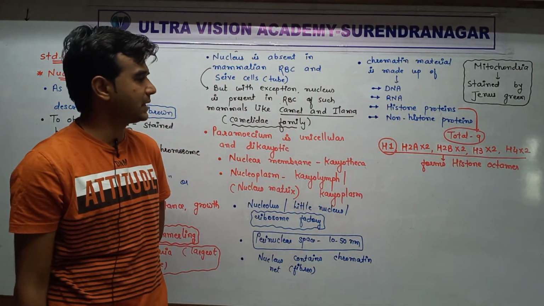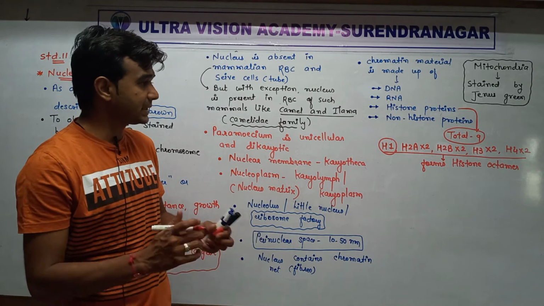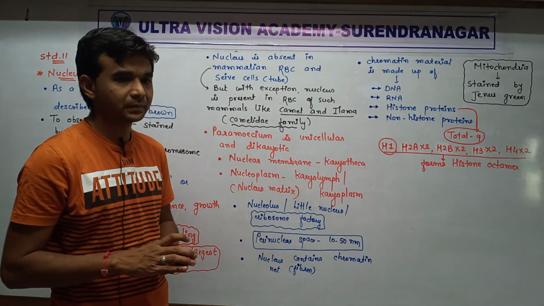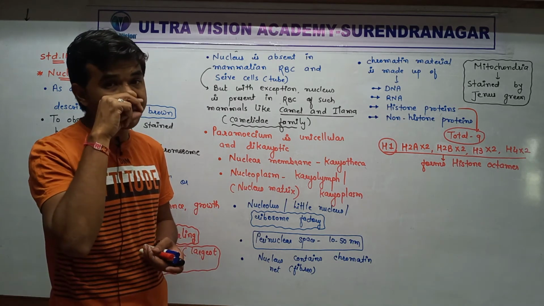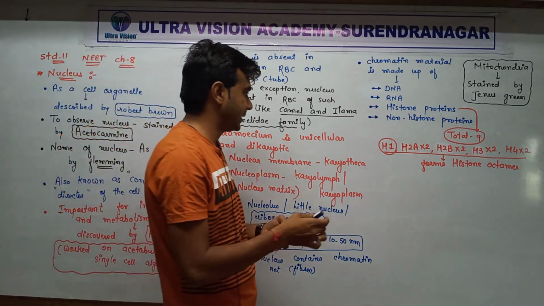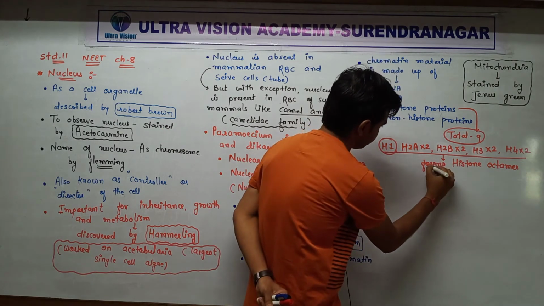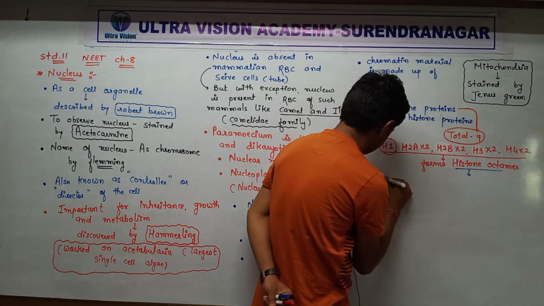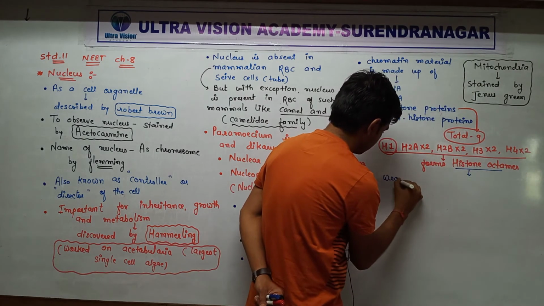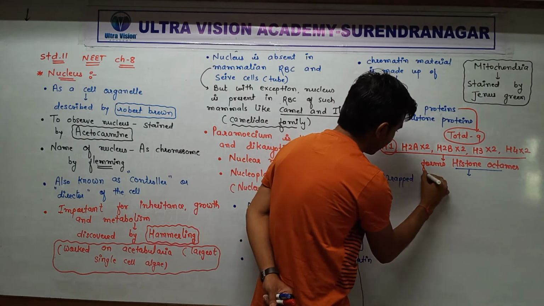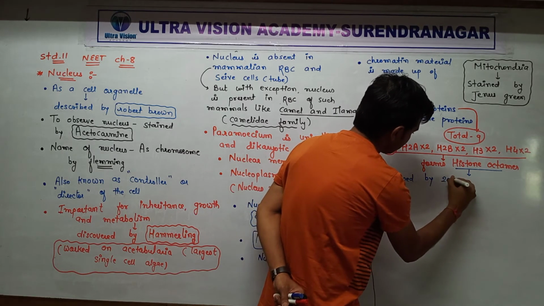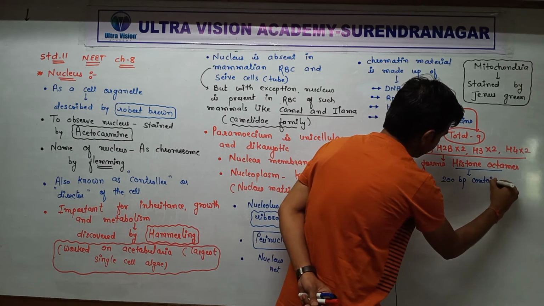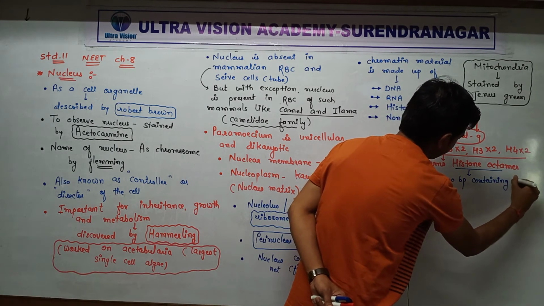Octa means 8 molecules are there, and this histone octamer is surrounded by 200 base pair containing DNA. Histone octamer wrapped by 200 base pair containing DNA.